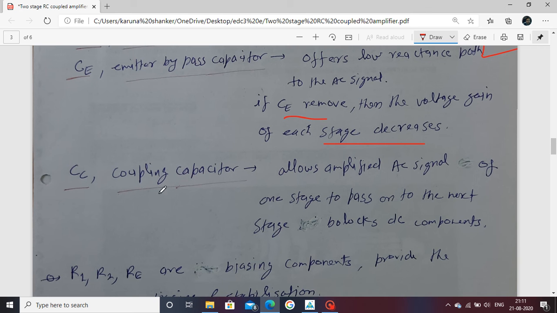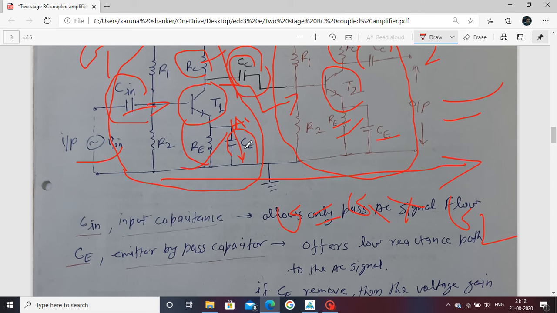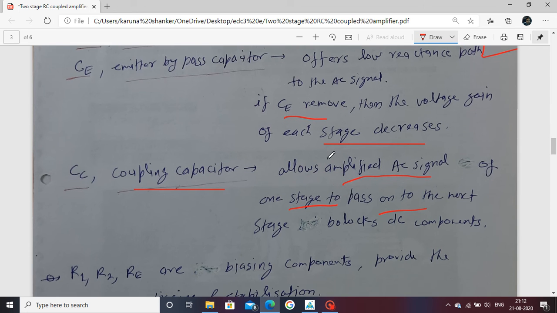Next is the coupling capacitor. It only allows the AC signal to pass from one stage to the next stage. This coupling capacitor connects one stage to the second stage and passes only the AC signal and blocks the DC component.